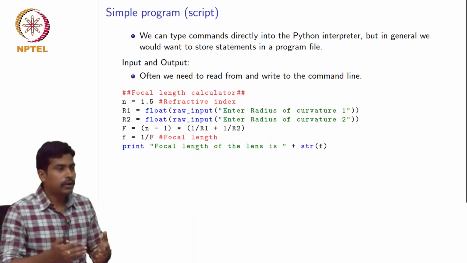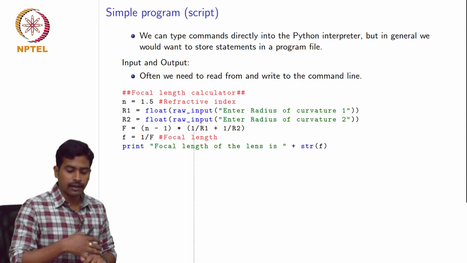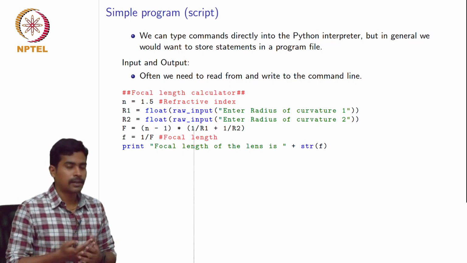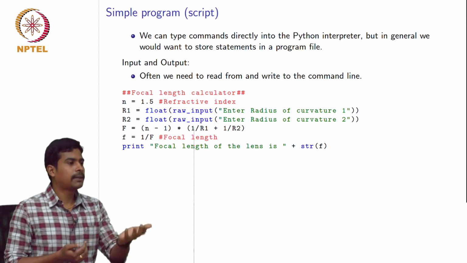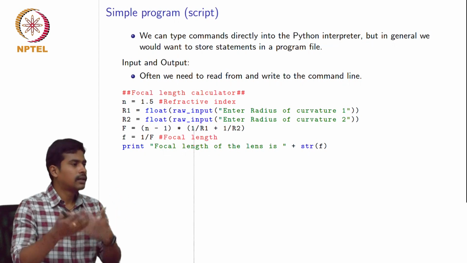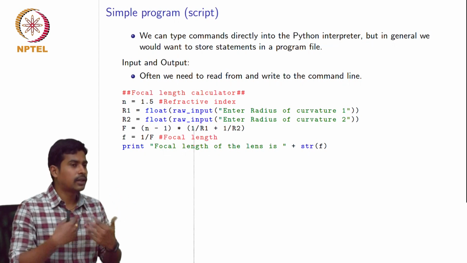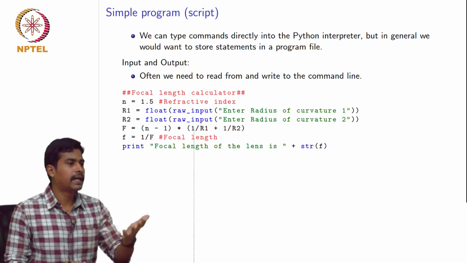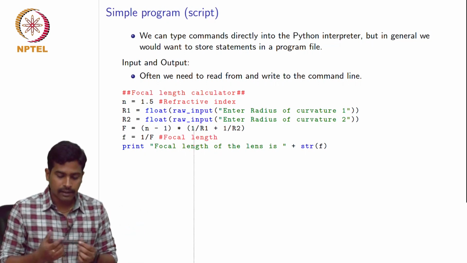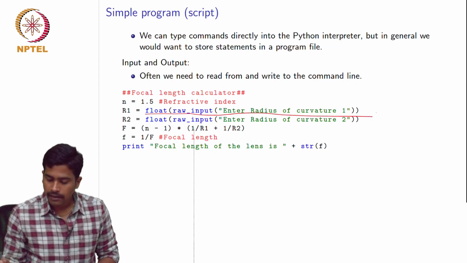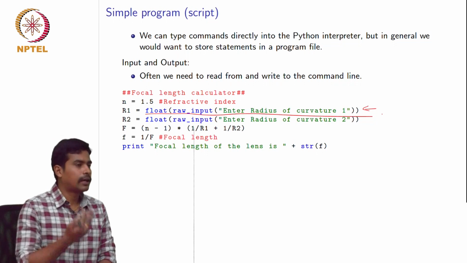Before going to this program, I want to introduce another important thing. In some of our programs, we want to take input from the user, or add some number into our program, so that the program will work based on the input that we give. So far we haven't seen how to give data to Python. In Python, there is a command that we use to enter values into the program.